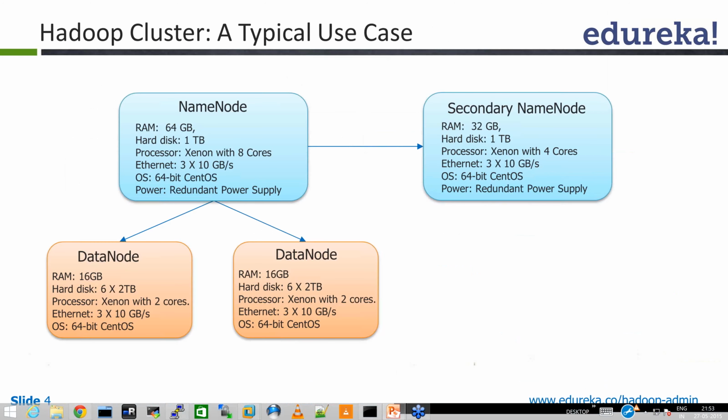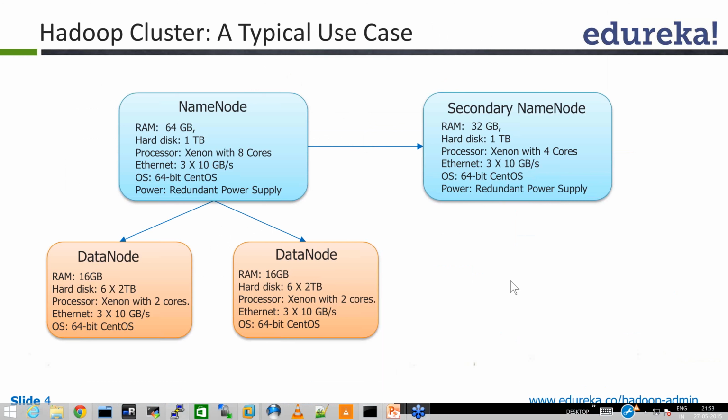Okay, so in the typical use case in Hadoop cluster scenarios, you have got one name node and you have got data nodes. The major difference is the amount of memory each node is using here. The name node being a single point of failure, the administration node needs more RAM compared to data nodes, which need more processing power, and also more hard disk to process the data and to store the data as well.